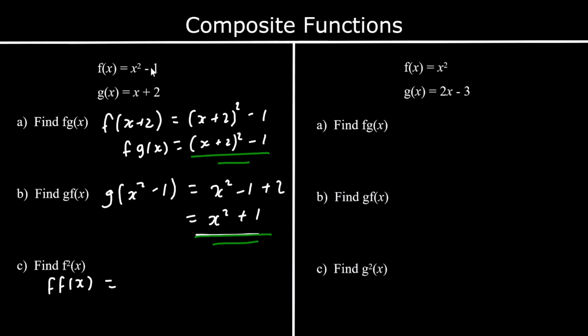So we're putting x squared minus 1 into our f function. So it's f of x squared minus 1, which is going to be x squared minus 1 squared minus 1. And again, we could expand and simplify, but I will leave it like that.